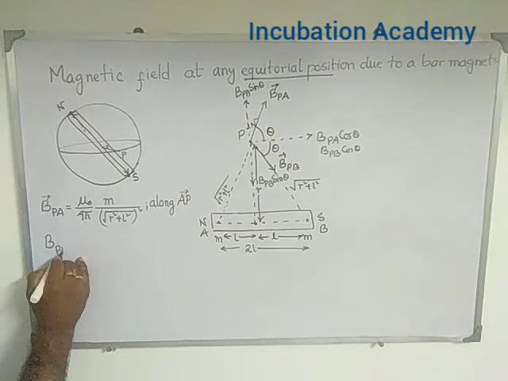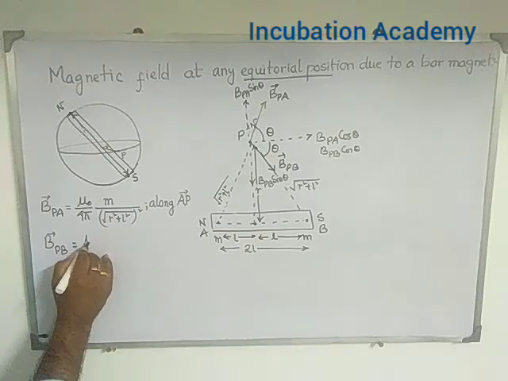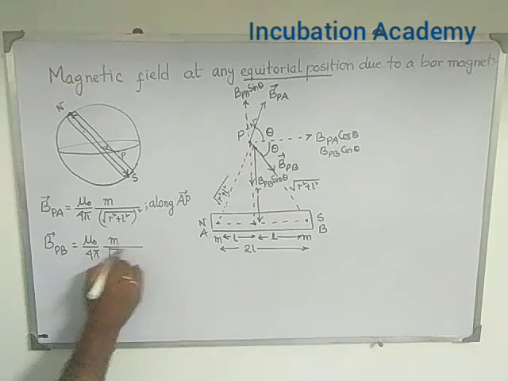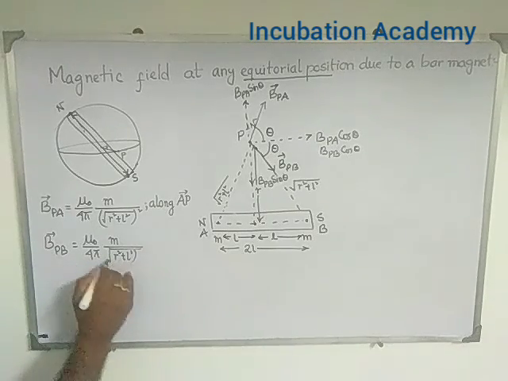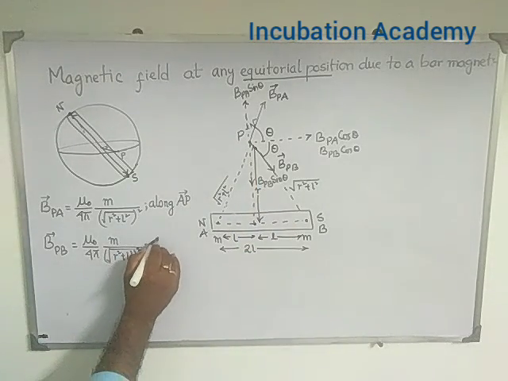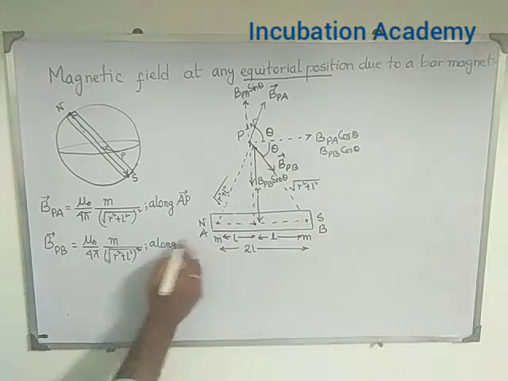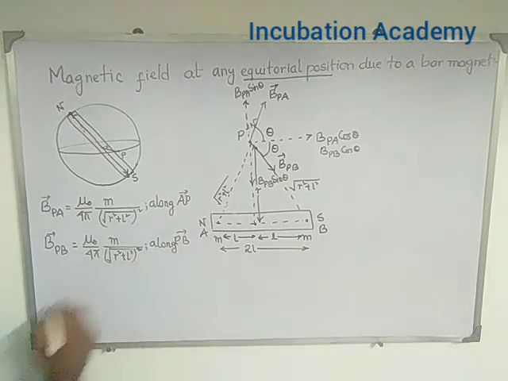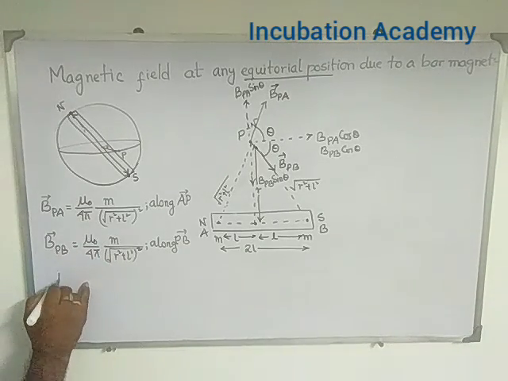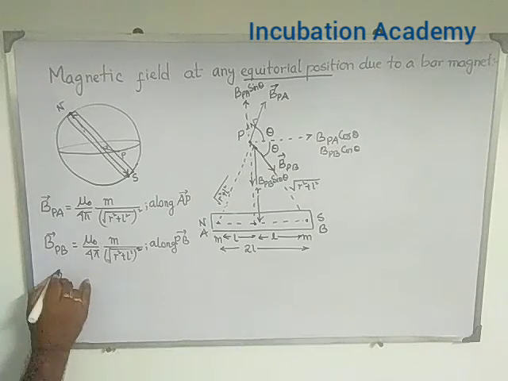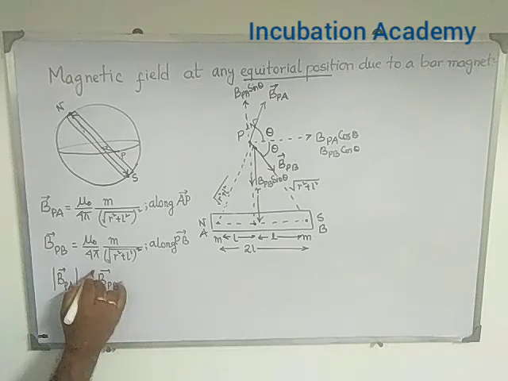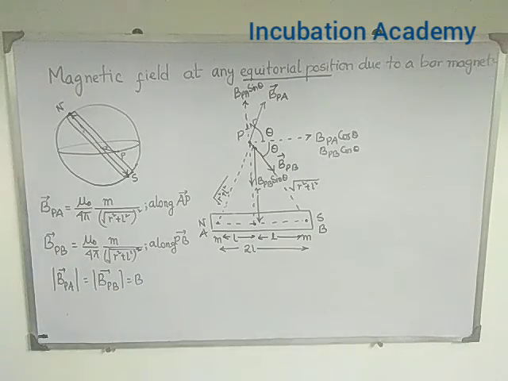The magnetic field at the point P due to B is mu naught divided by 4 pi, m over root over of r square plus l square whole square, because the length is the same along P to B, that is also indicated in the figure. Its components are also shown, but from these two expressions it can be understood that the magnetic field at the point P due to A and due to B have the same magnitude.